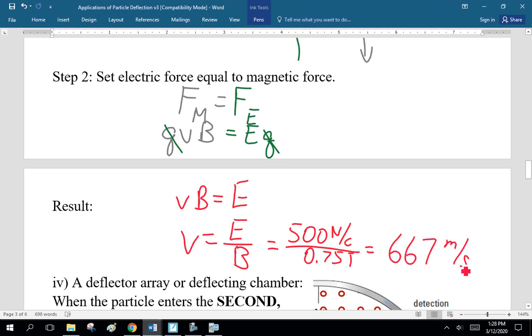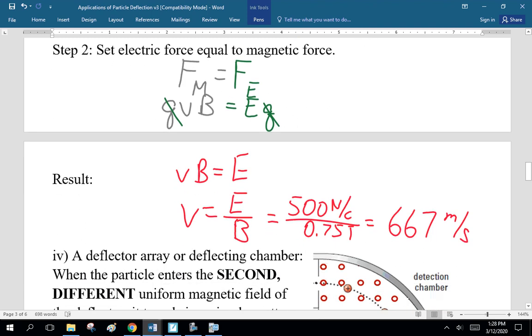I think about 667 meters a second. That's what I got. All right, so this is how the velocity selector works. Notice, once again, nothing particularly difficult, but lots of formulas. Got to pay attention, and it's so easy to screw up. So I'm giving you these notes to hold on to.